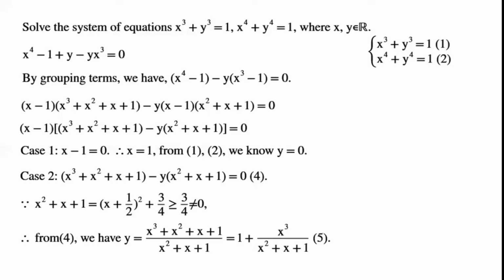So from equation 4, we have y equals (x cubed plus x squared plus x plus 1) over (x squared plus x plus 1), which can be written as 1 plus x cubed over (x squared plus x plus 1).